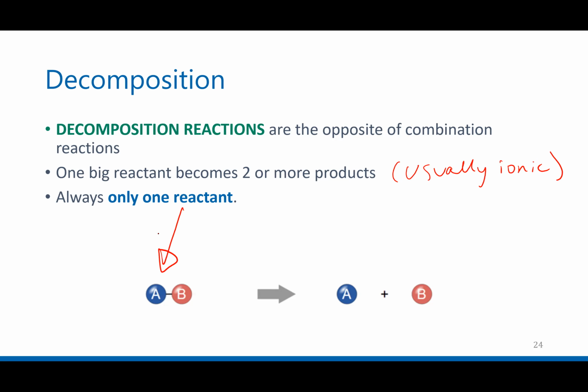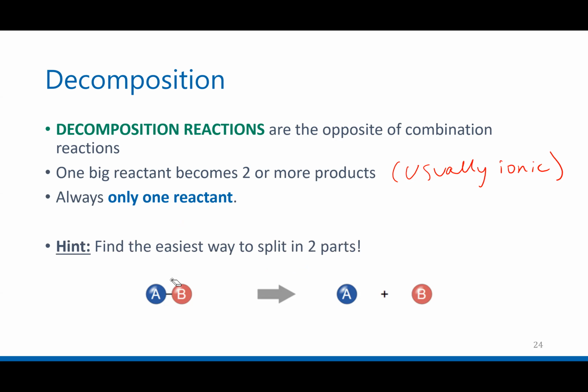It's the only type of reaction that has one reactant. And what happens typically using heat, we decompose or break the chemicals down into their individual products. It's not always heat. It can happen spontaneously, meaning naturally, but it typically is related to heat.